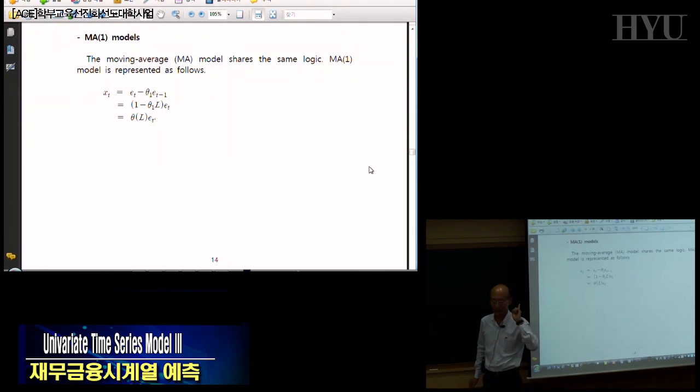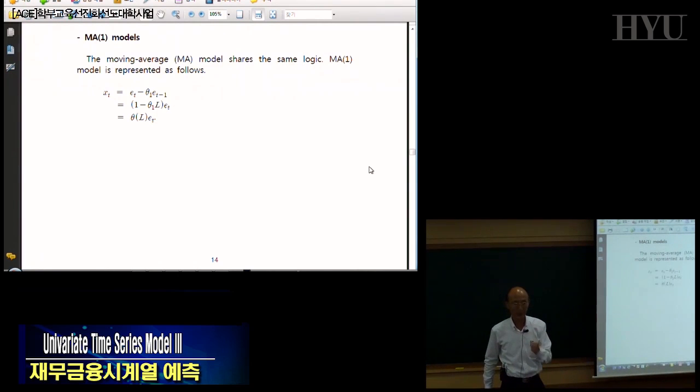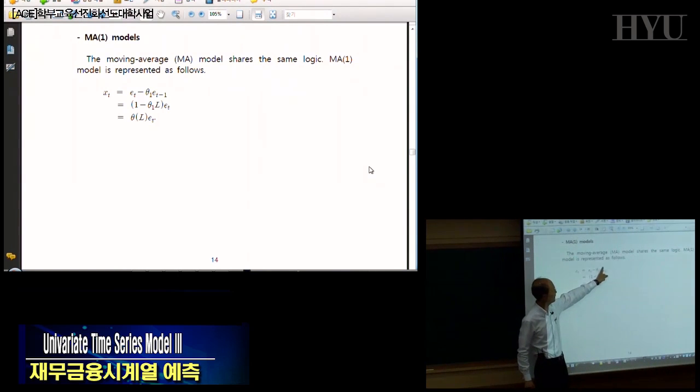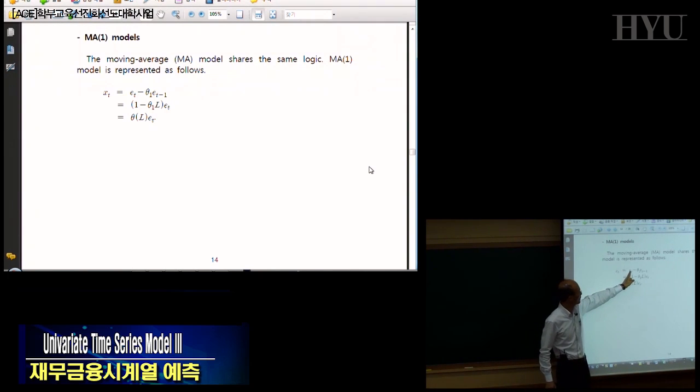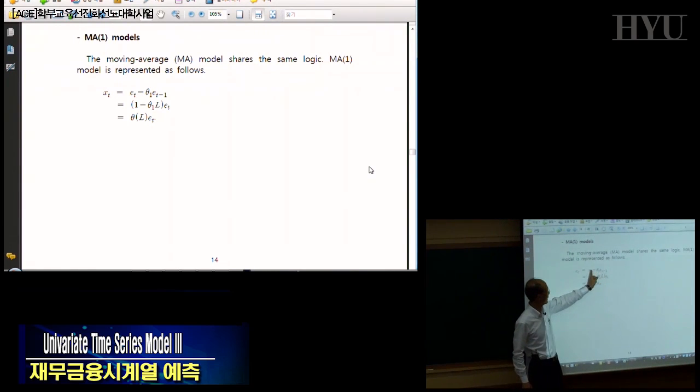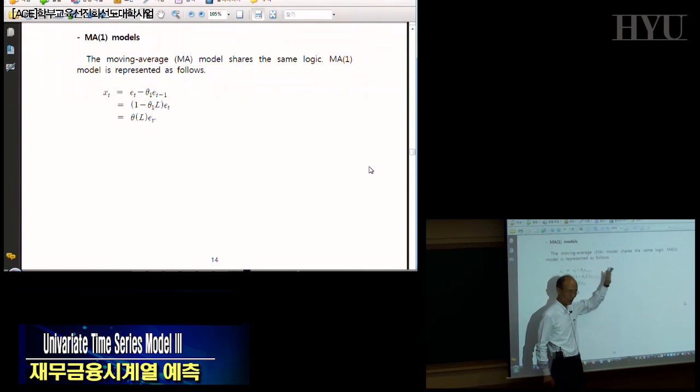So the moving average process of order 1 have memory, just one period, and then this dissipates. So if there is a shock, 1 unit shock in this quantity at t minus 1, it won't be affecting x_t plus 1. So current shock will affect this one. Previous shock will affect this one, but not the other shocks, right?